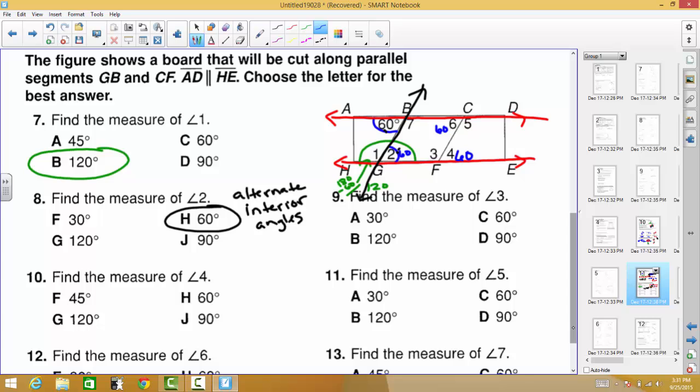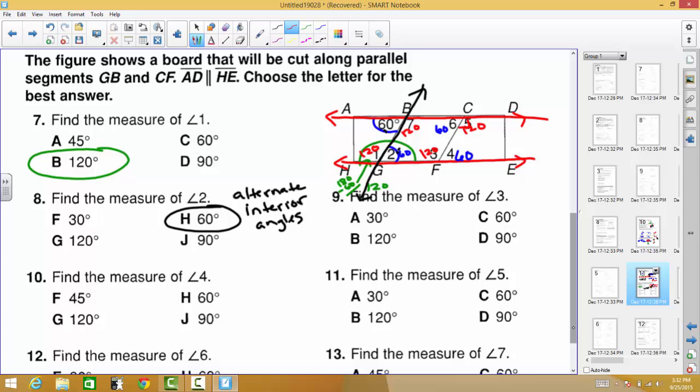All of those being the 60 degrees. Those are all of the acute angles. Acute angles mean smaller than 90 degrees. And then all of the rest are obtuse. These are the bigger angles, 120. And you can tell they're bigger. If you put a piece of paper in the corner, they'll be bigger than 90 degrees.